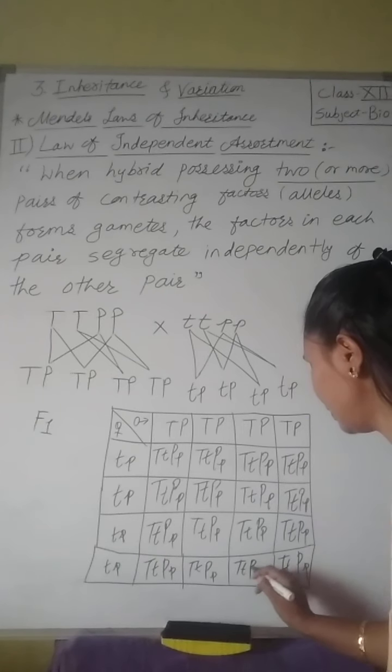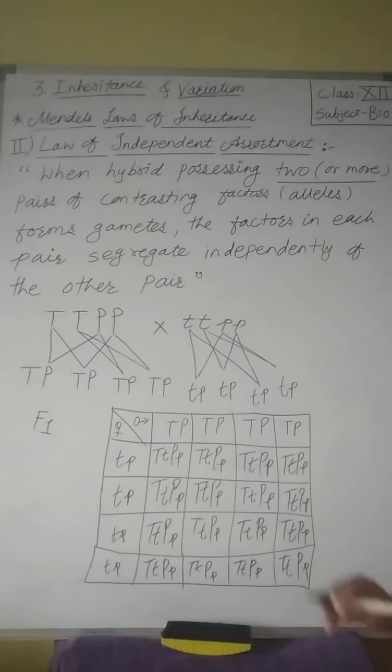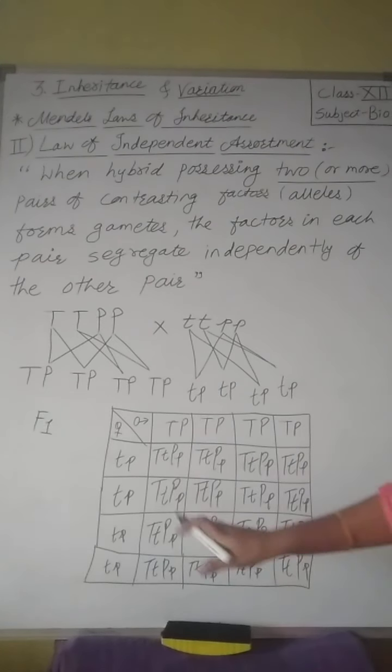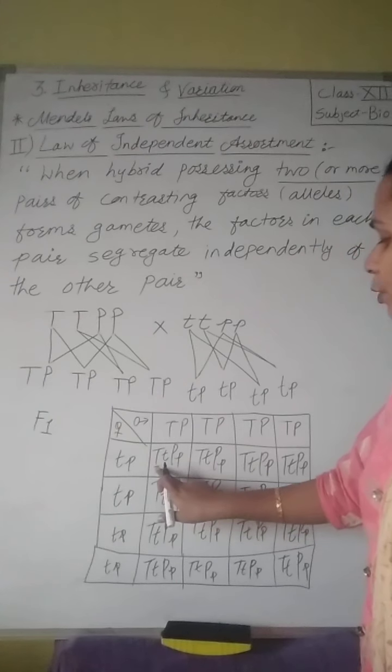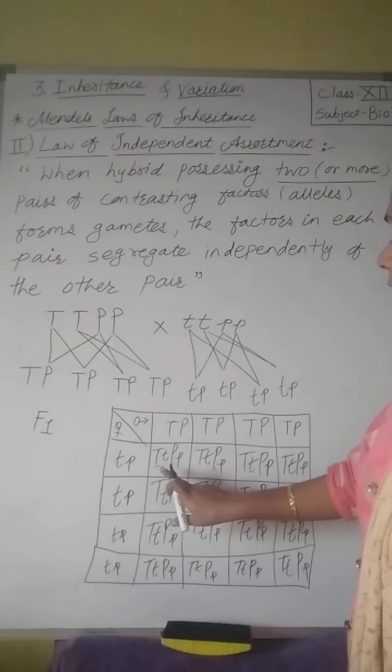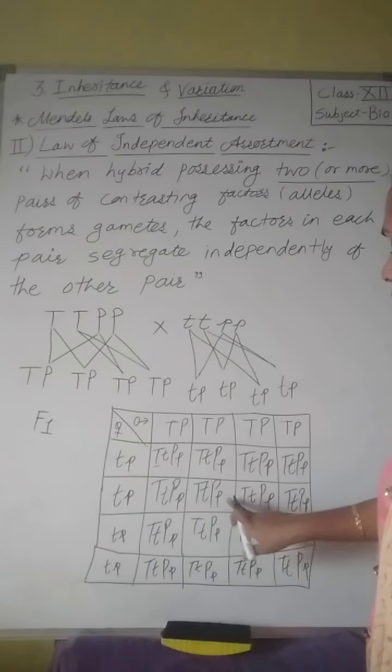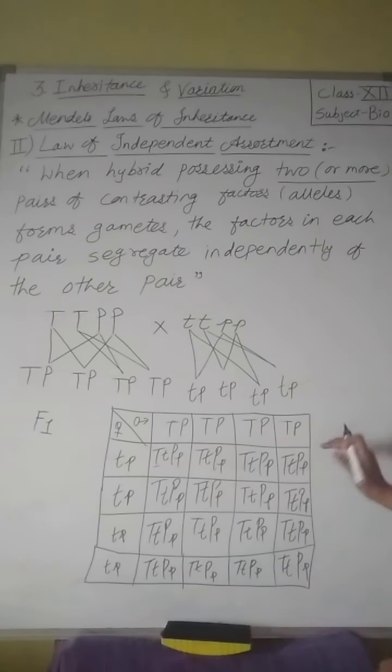So what we get in the F1 generation is that all are tall and purple. Here T denotes tallness, which is dominant, and everywhere purple is also present. So in F1 generation, all tall and purple.